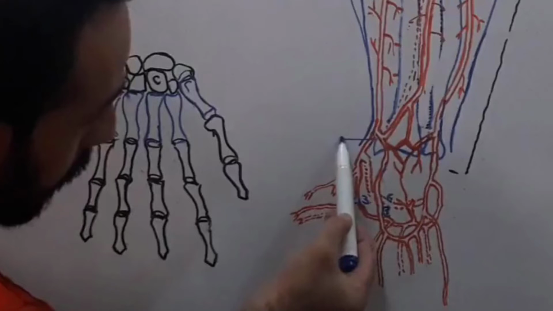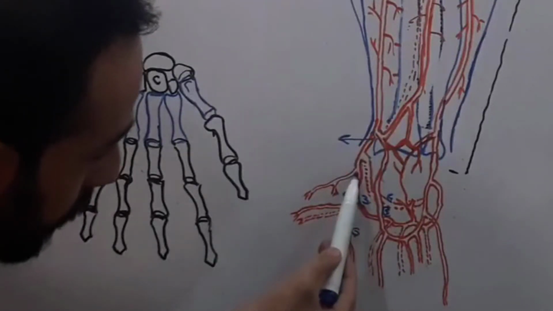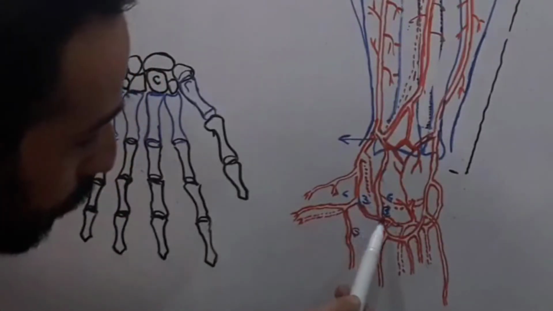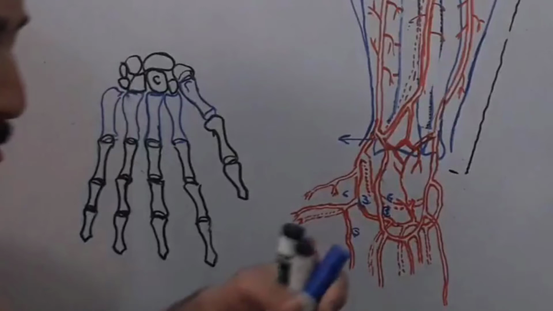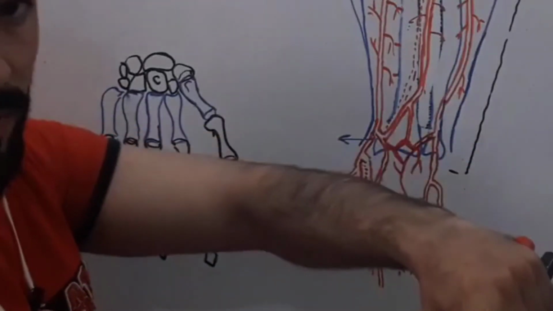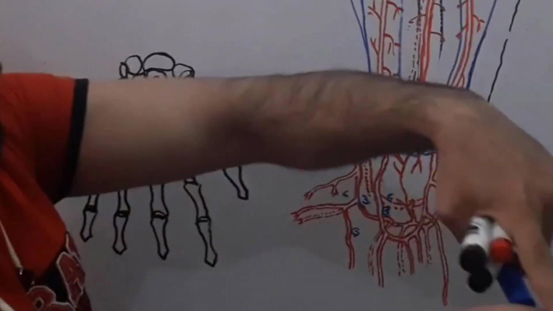I'm talking about this artery, right? It comes a little laterally and goes like this up to here. It goes deep in the palmar surface, right? This is the dorsal surface, this is the palmar surface. Okay, so it comes like this and moves like this.